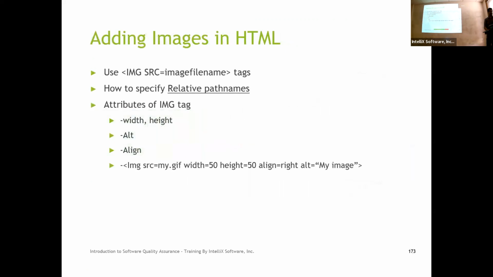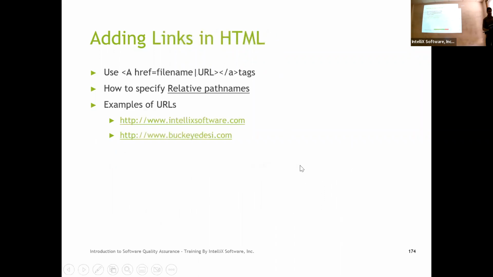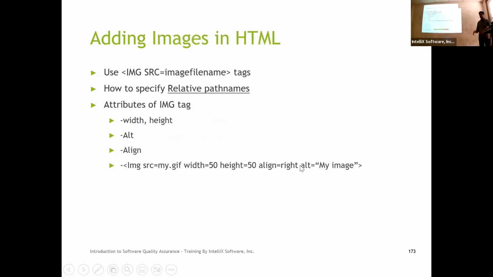And like I talked about, you can add images. The tag you use is image, and the source identifies where to load the image from. Sometimes, if you're loading a page and it's taking time, instead of the image a box will be drawn with some text on it.